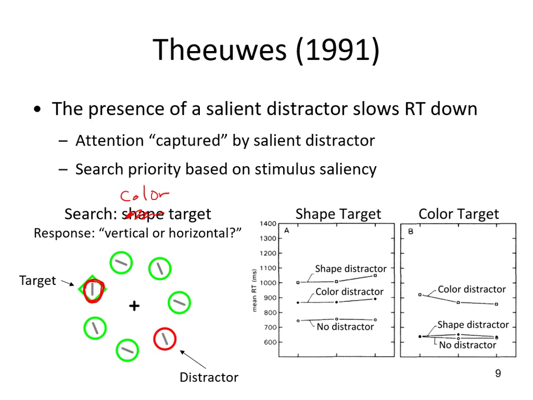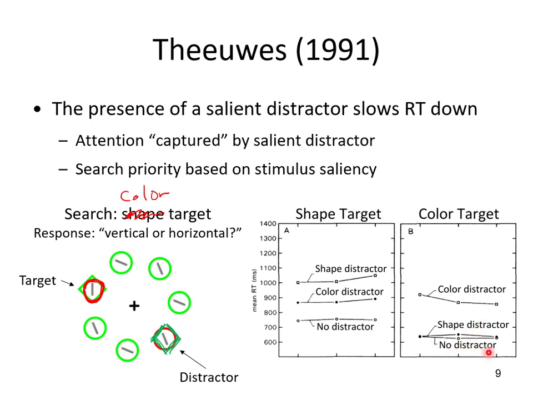And then what distractor would you have? You may have no distractor, or you may have color distractor as shown now. Or you may have a shape distractor like this.